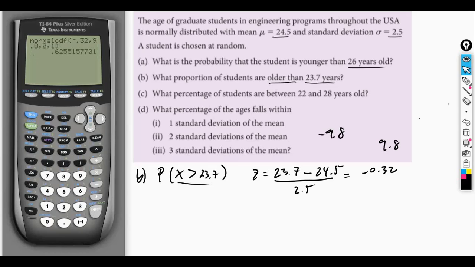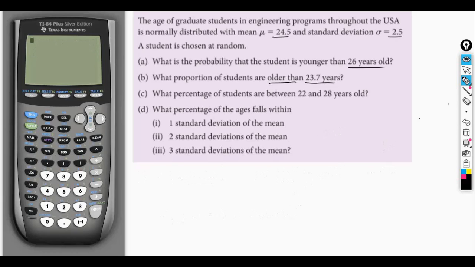And there we are. So that means, in terms of z, the probability that z is greater than negative 0.32 is going to be 0.6255, or 62.55%.